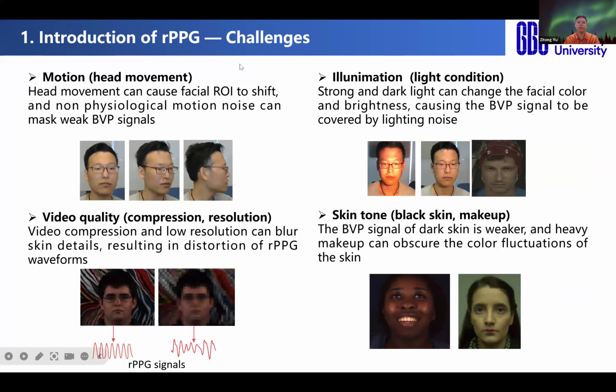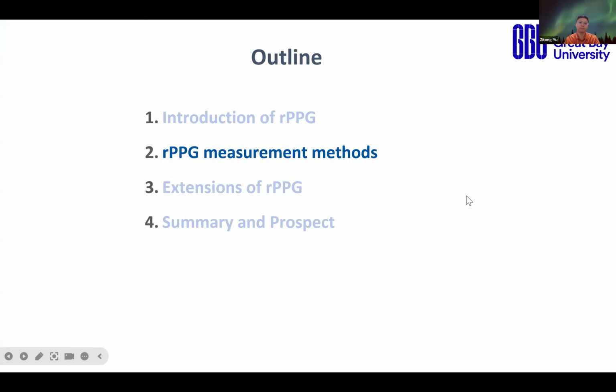The signal is very subtle, and it is easily influenced by head motion, illumination, and video quality, especially video compression. It is also hard to measure for biased skin colors, for example dark skin. And for females, makeup will influence the rPPG signal measurement.